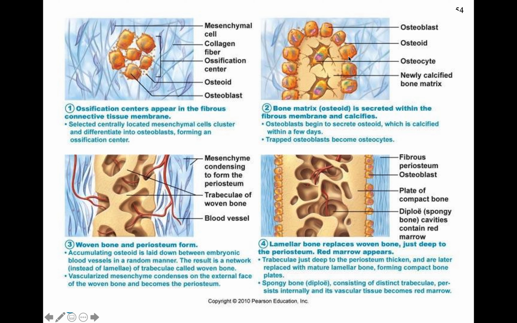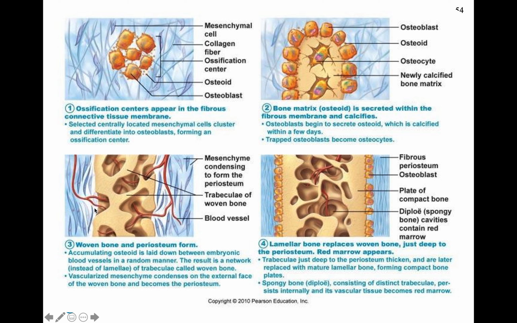Osteoblasts remain around the periphery and they continue to secrete bone matrix. Now, mesenchymal tissue, which again is embryonic connective tissue, is very well vascularized. And so the bone that gets laid down by these osteoblasts will be laid down around the blood vessels, giving it its spongy appearance.